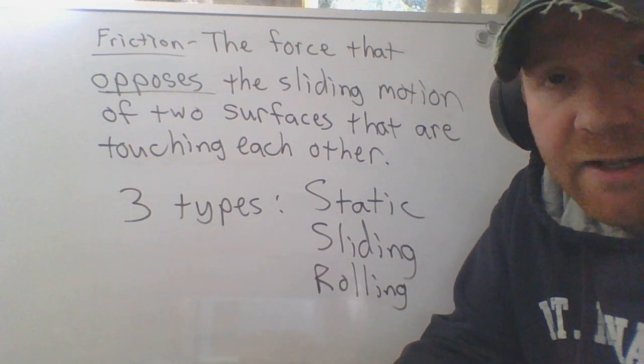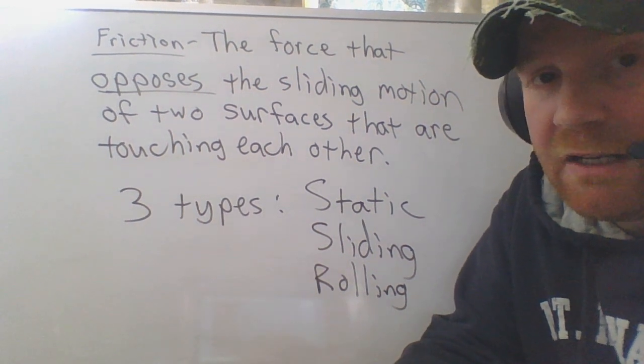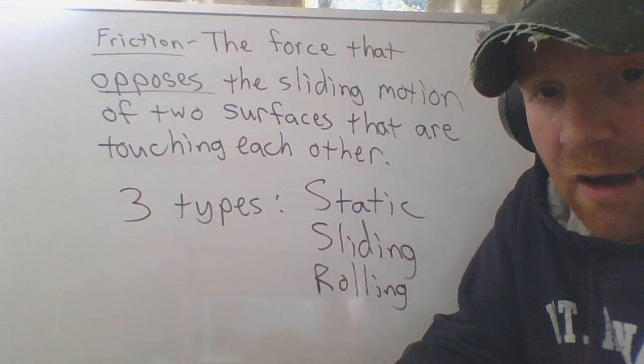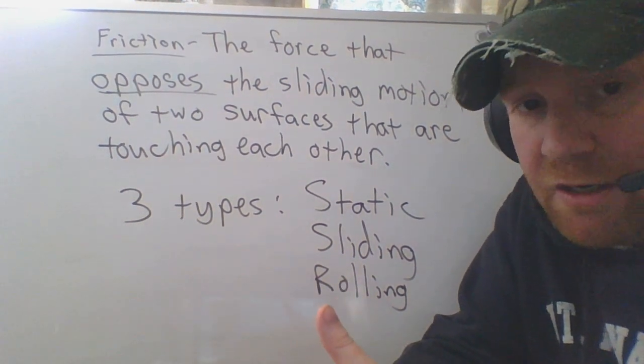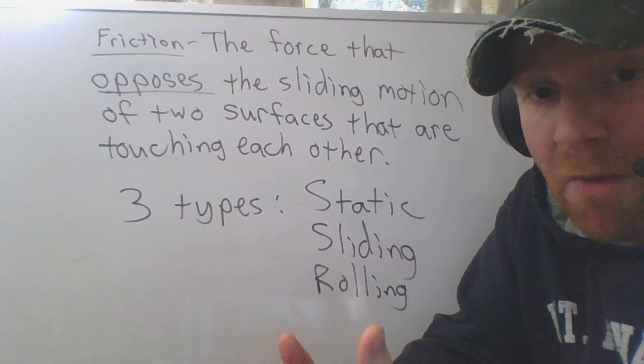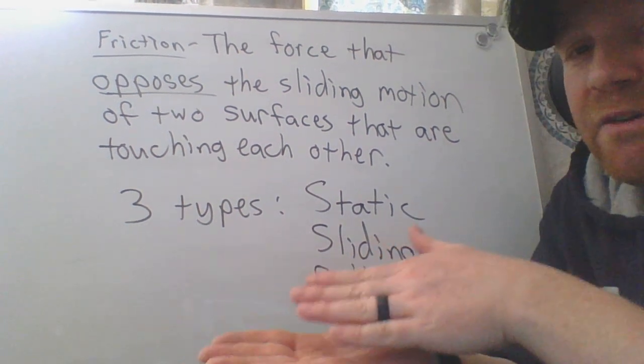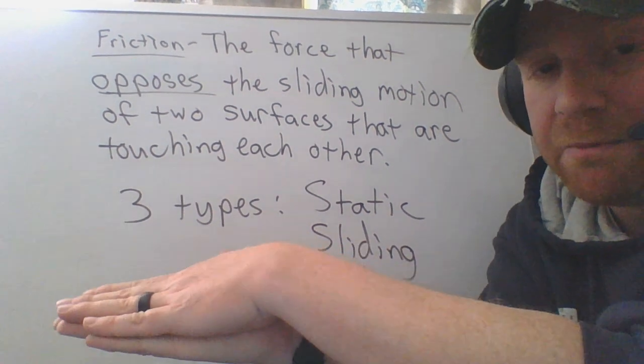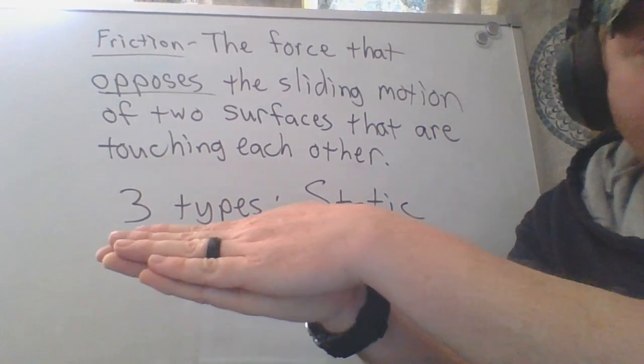If you think about it at the microscopic level, the atomic level, there are still lots of imperfections among the composition of these molecules, these surfaces. So they're never going to be perfectly smooth. There's always going to be some sort of friction between them, and that, of course, is static friction.